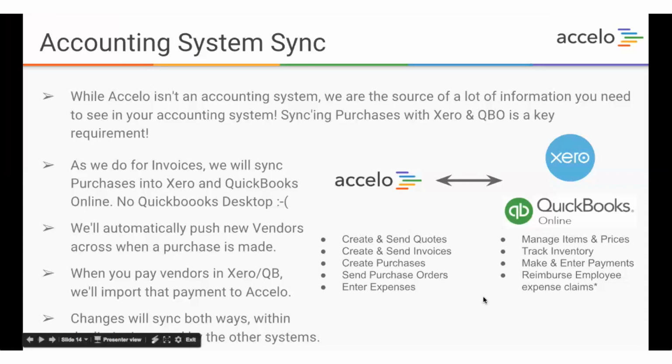And then on the accounting side of things, the accounting software is where you're going to have your item lists and your prices and the tax codes and that sort of thing. It's also going to be where you track your inventory. So, knowing if you've got 10 or 20 of these particular things in stock is something that really belongs from a stock keeping perspective in your accounting system as part of your balance sheet and your assets.